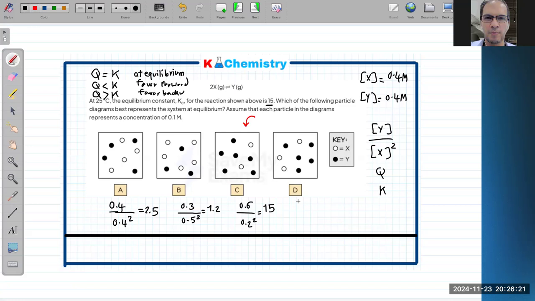That's again y, which is the black, 0.5 over 0.3 squared, that's equal to 5.6. So the only answer in which the Q is equal to 15, and this means that Q is equal to K, is the one which is at equilibrium. And that's what he asked for.